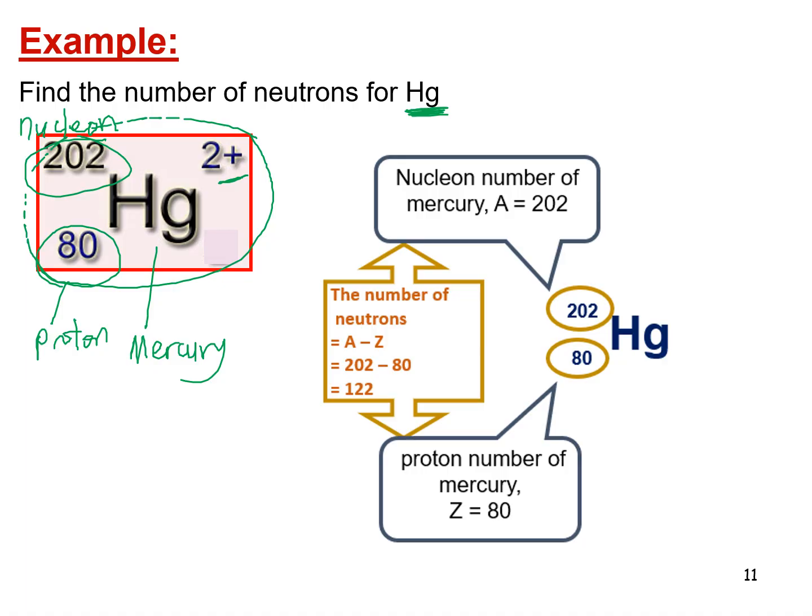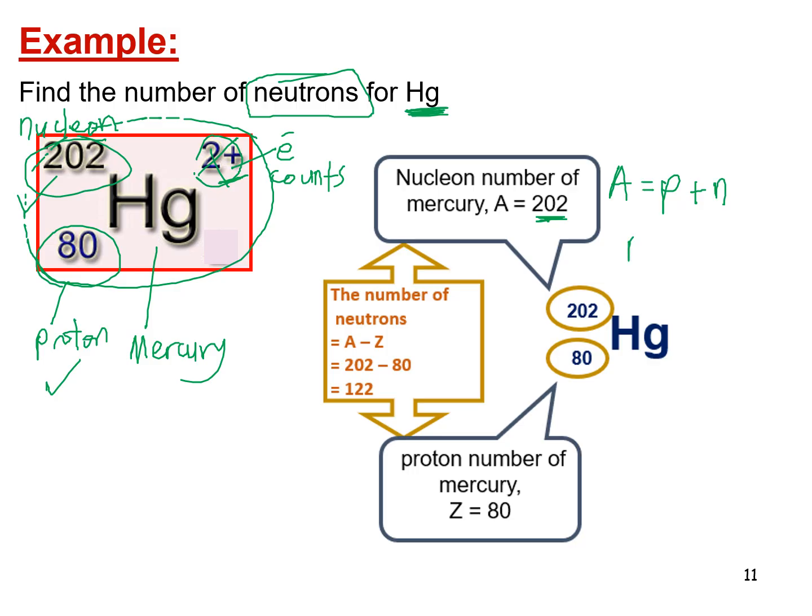You perlukan dia ke untuk kira number of neutrons for mercury? Actually, nope. You don't need this because 2+ ni adalah electron counts for mercury. Okay, so untuk cari number of neutrons, you boleh gunakan information from proton and nucleon. Because as you know, nuclear number of mercury is 202, and the formula for nuclear number is equals to proton number plus neutron number.